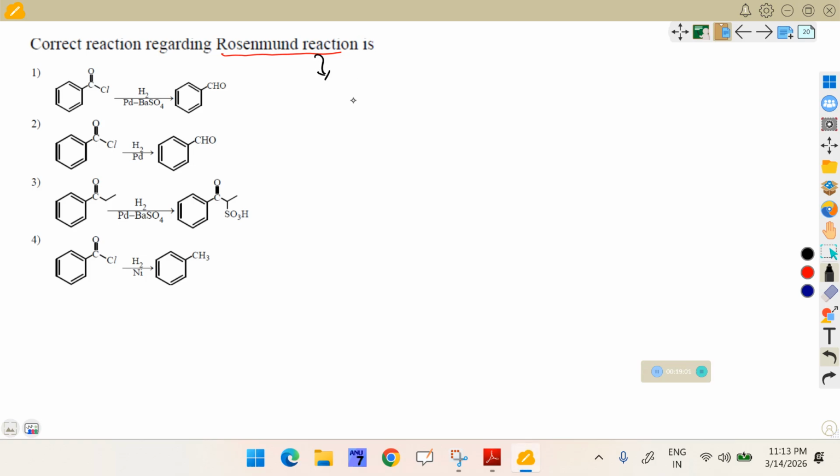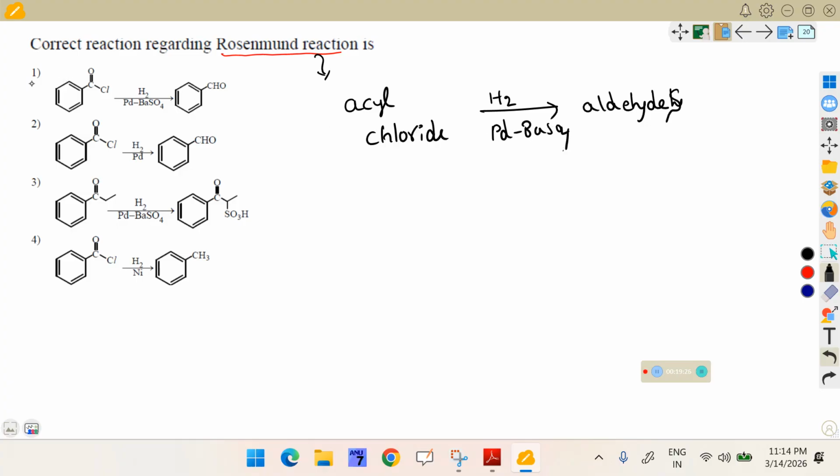In the Rosenmund reaction, acyl chlorides are converted to aldehydes in the presence of H2, Pd-BaSO4. The correct option is the first option.